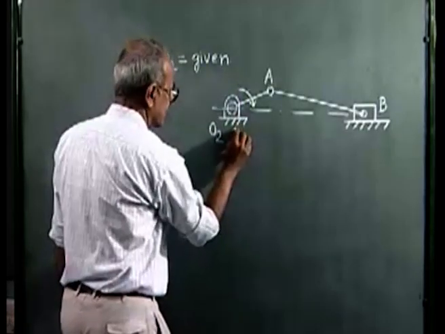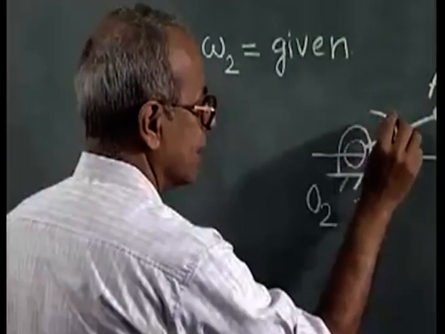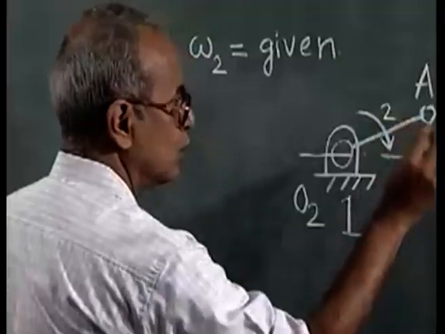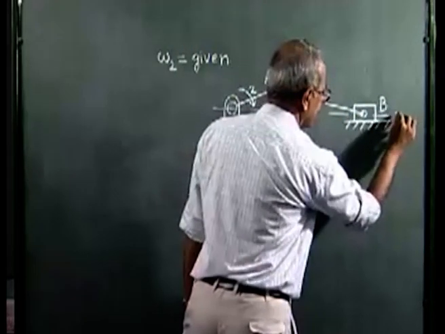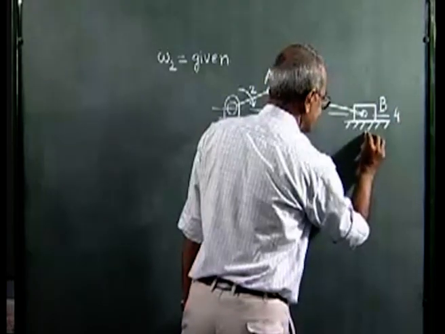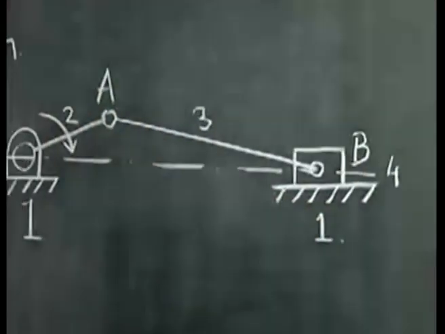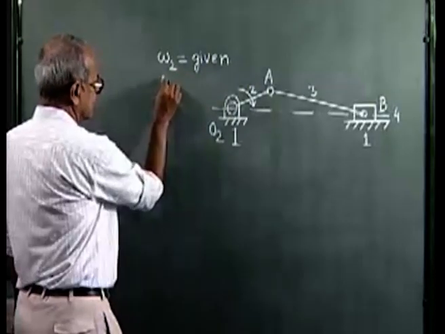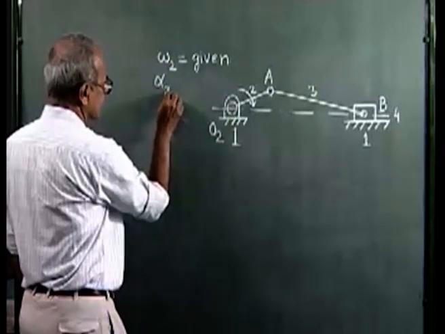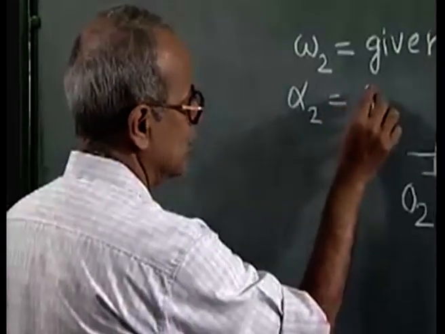This is the fixed link number 1, the crank is link number 2, connecting rod is link number 3, and the slider is link number 4. We also assume that this omega 2 is constant. That means the angular acceleration alpha 2 is assumed to be 0.